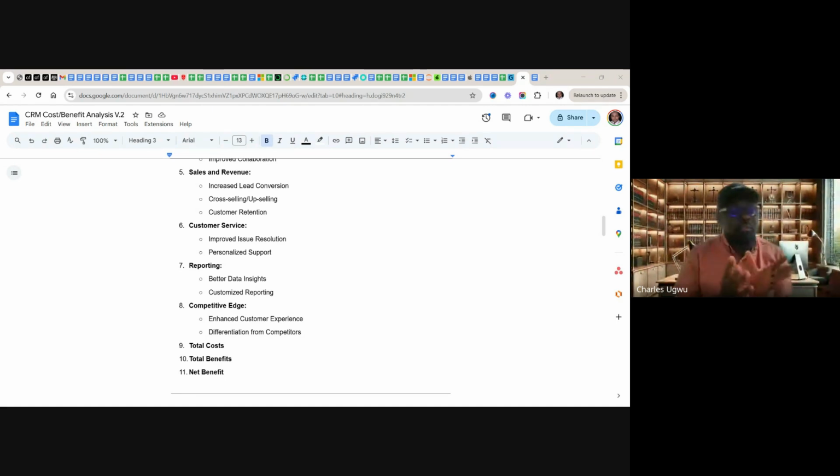But this is the most important technique of determining the viability of a project. You see all these benefits I've listed here. That is the major challenge. It's very difficult to monetize them. Extremely difficult to monetize them.